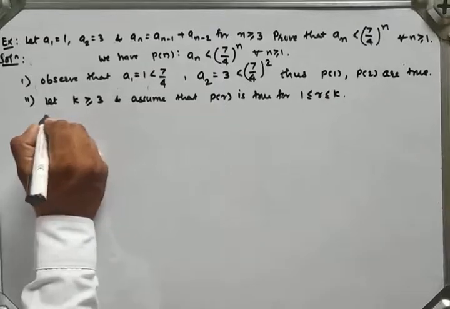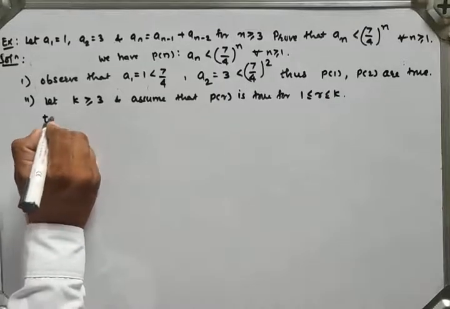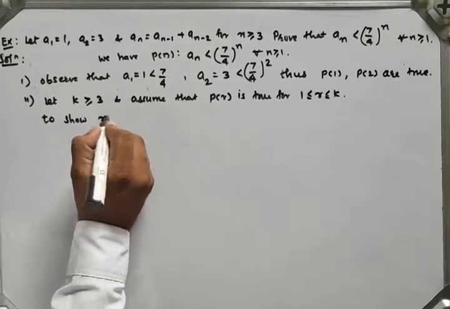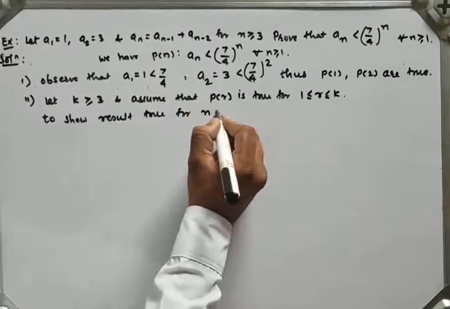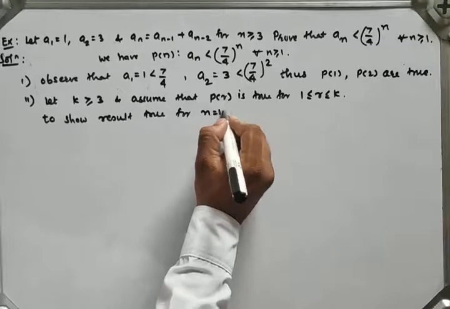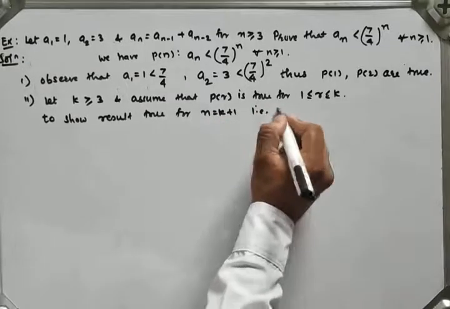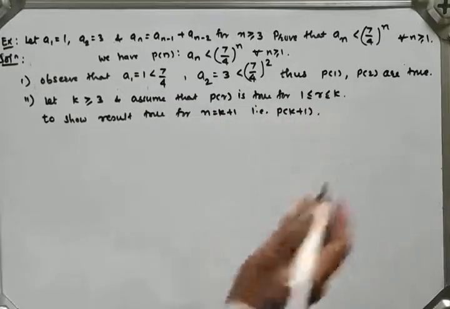Now to show the result true for n equal to k plus 1, that is P of k plus 1.